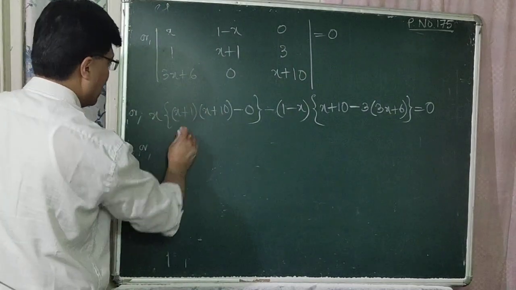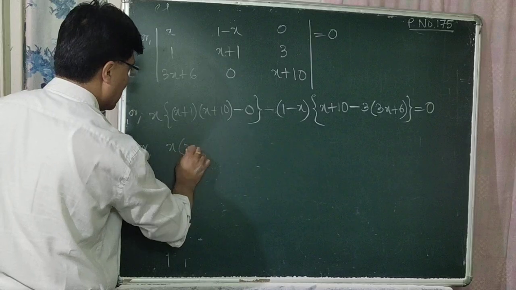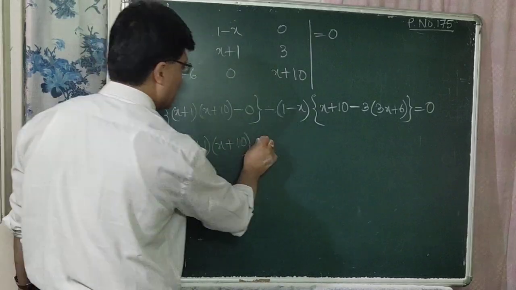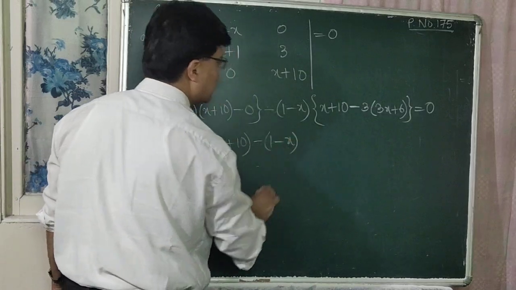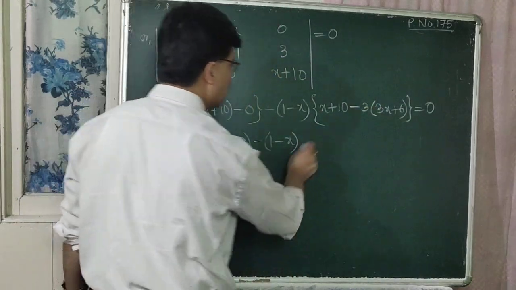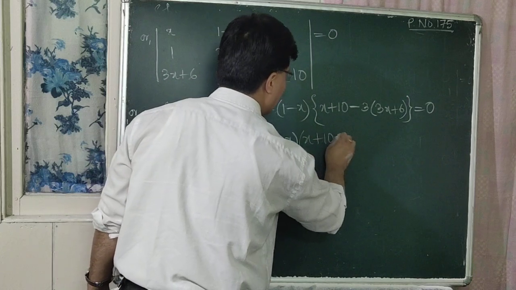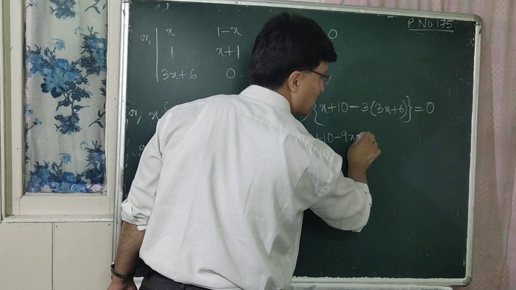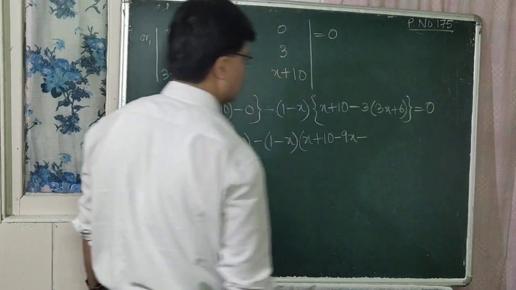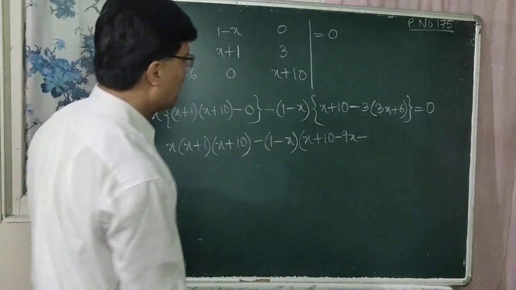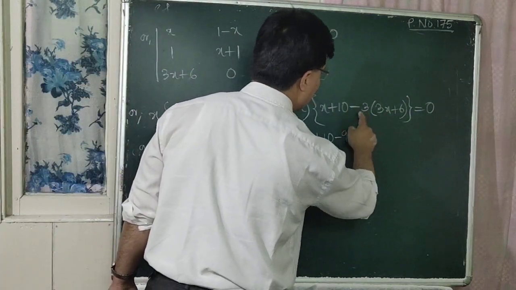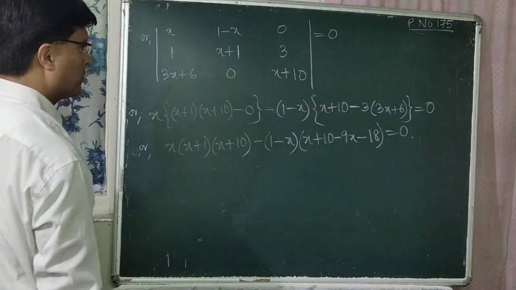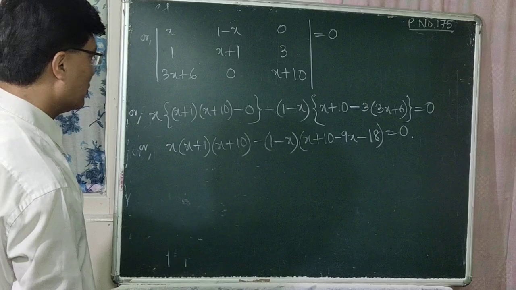So now multiply them. x into x plus 1 into x plus 10, minus this one is 1 minus x into, now let us simplify it. x plus 10 minus this is 9x, minus into plus, minus, isn't it? This is minus 9x, minus 9x, minus into plus, minus 18, which is equal to 0. Is that clear to all of you?